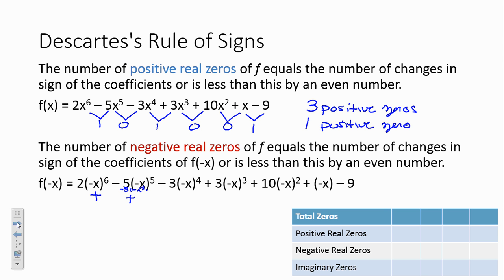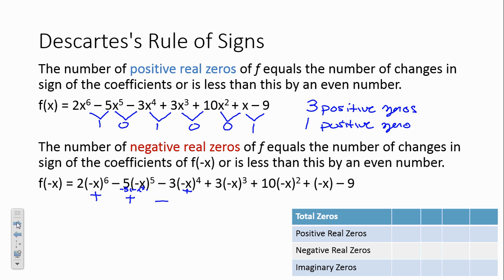What about negative 3 times a negative x to the 4th? Negative x to the 4th will be an even power, so this part's positive, right? It's got a negative 3 out in front, so that's going to be negative. What about a negative x to the 3rd? The 4 is even, so this part's going to be positive, but it's got a negative 3 in front, so that's going to make it negative.